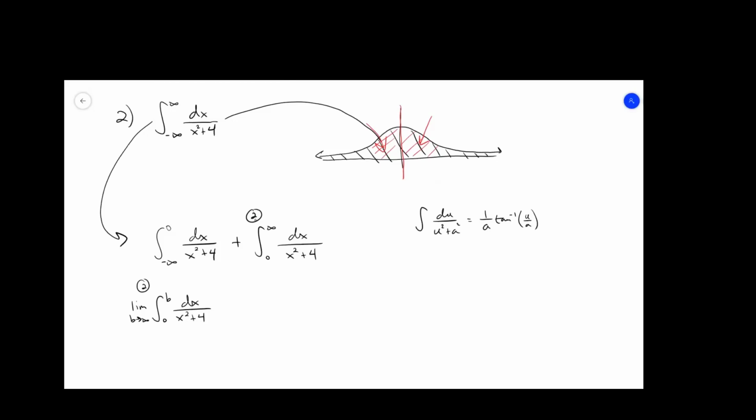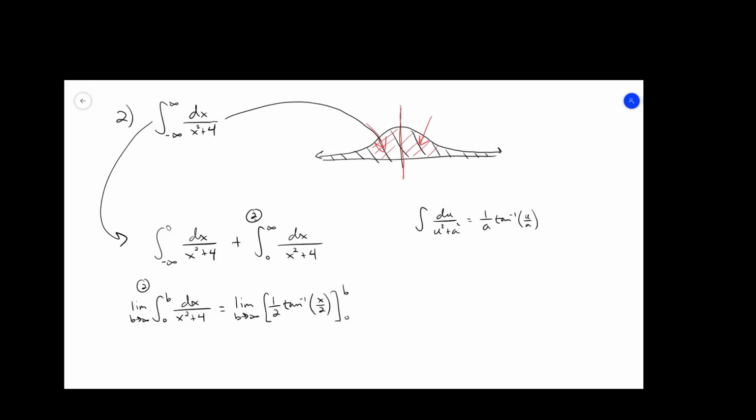Okay, so noticing that that's the same form that we have here. U is just x. A in this case is 2. And so what we're going to get for our answer is the limit as b goes to infinity of 1/2 inverse tangent of x over 2.